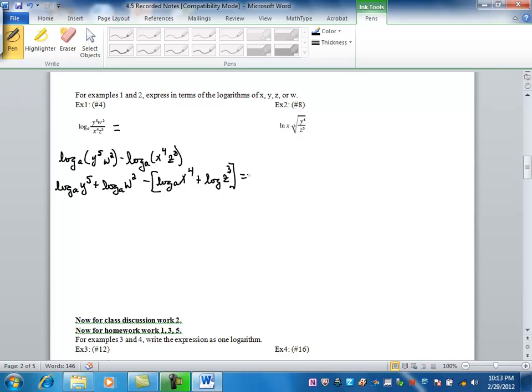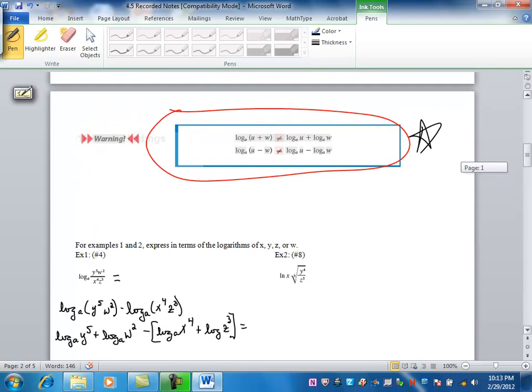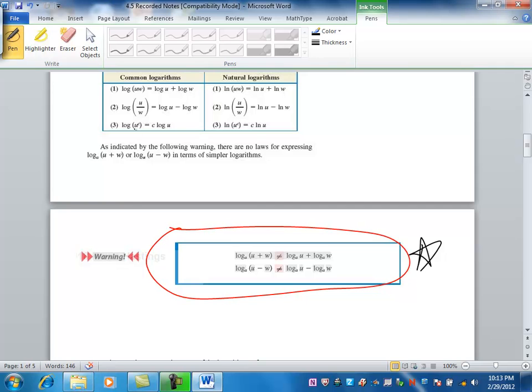Alright, and so now the other result here that I kind of skimmed over a minute ago is that if we've got log base a of u to the power of c, this c gets to come out front and become a coefficient. Please remember that coefficient is the fancy word that means number in front of the variable, or in this case, the number in front of our logarithm.